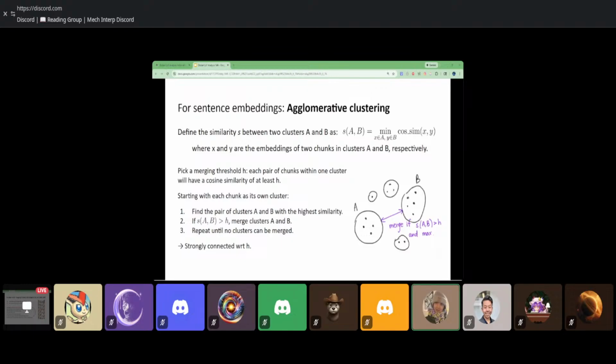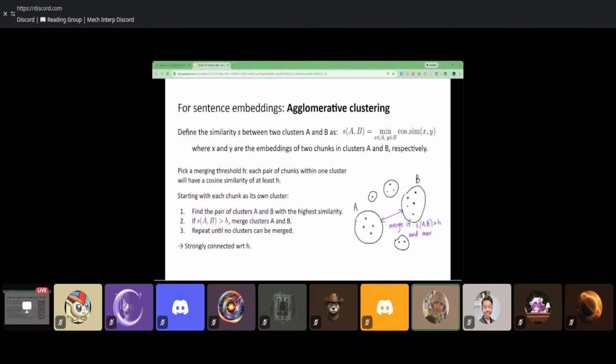Similarity here is defined as the minimum cosine similarity between a chunk in the first cluster and a chunk in the second cluster. The idea is the worst similarity between those two things. So this is like a threshold, and you find your pair of clusters that have the best worst similarity.